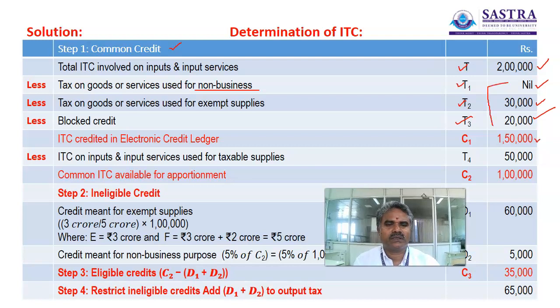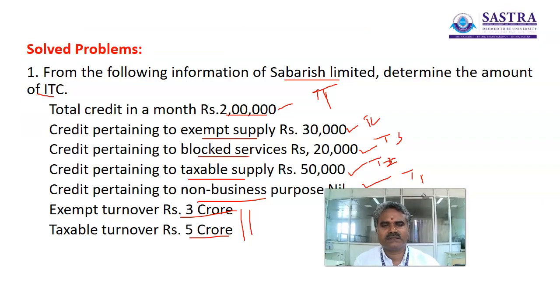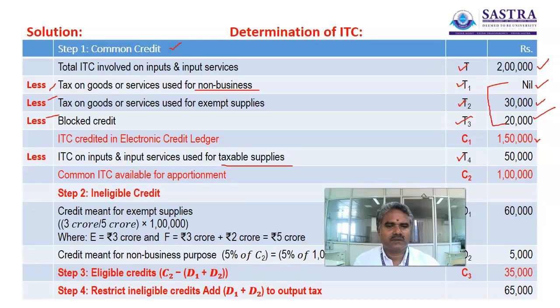So deduct all the 3 from 2 lakh, so 150. Less ITC on inputs used for taxable supplies T4. Okay, this is T4. Now you deduct T4 from ITC credited, so apportionment credit will come 1 lakh. C2.